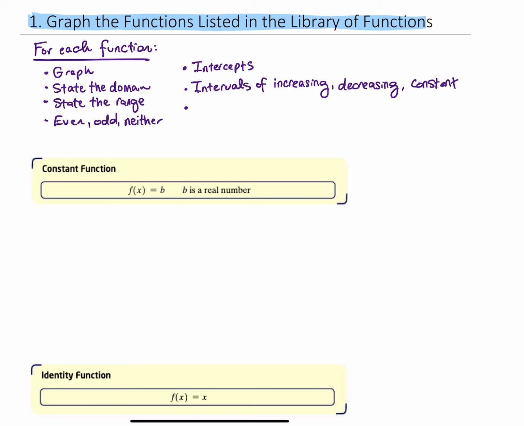We'll locate any local minima or maxima, as well as any absolute minima or maxima. So it's some pretty standard functional analysis. We're going to list some attributes, getting to know each of these. And you've probably seen a lot of these before.